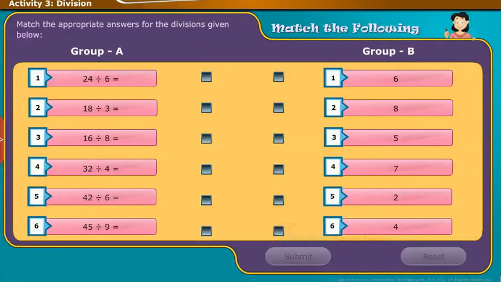Let us do a simple activity on division. Match the appropriate answers for the divisions given below.